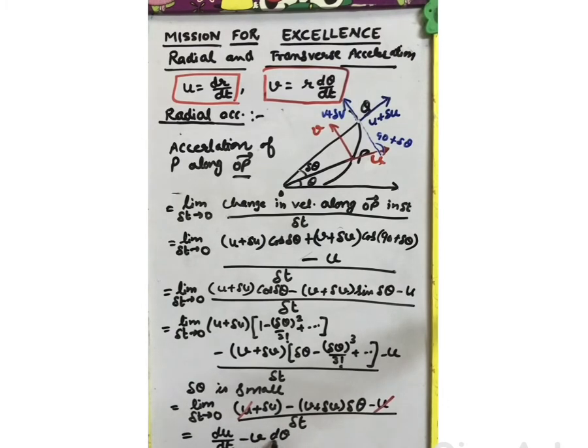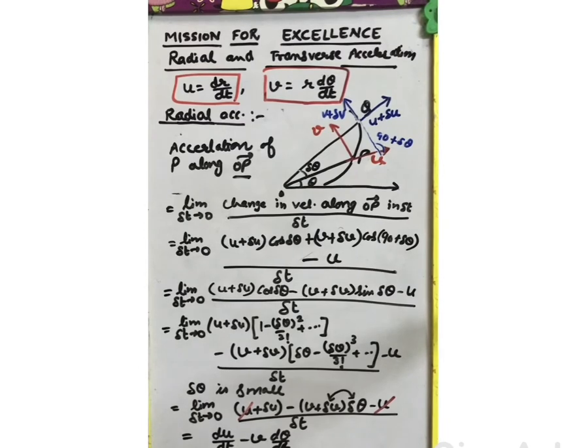It will become d theta by dt. And the last one, delta v delta theta, being two deltas here, this quantity will be very small, so we will ignore this also. So we don't take this term. So we are left with du by dt minus v d theta by dt. So this is the value of this limit.